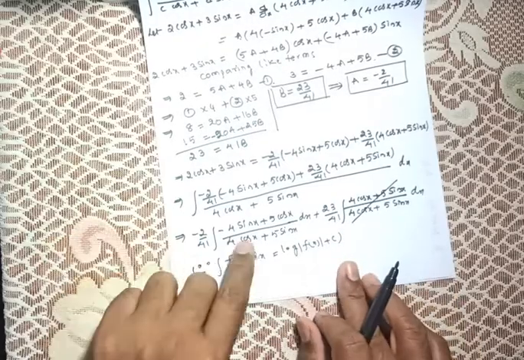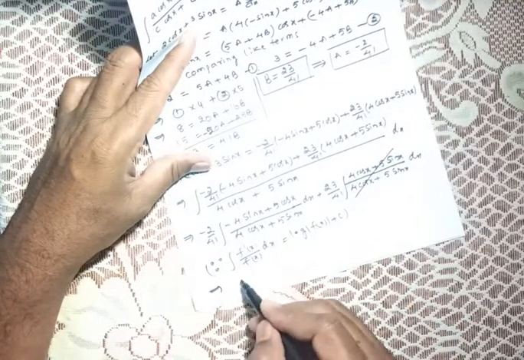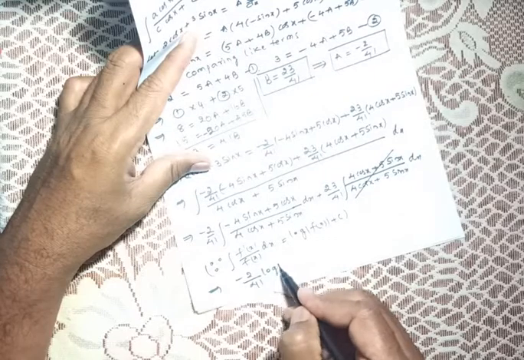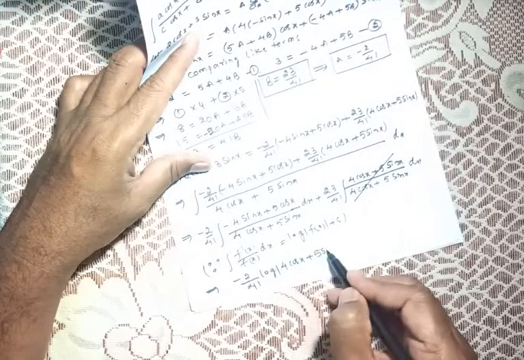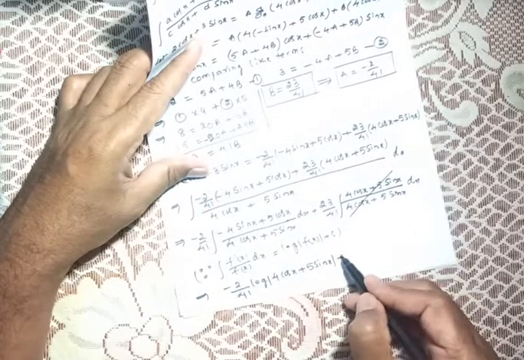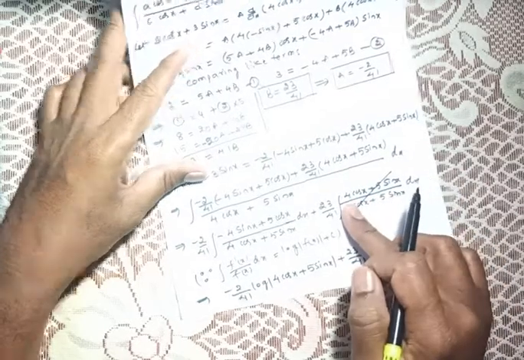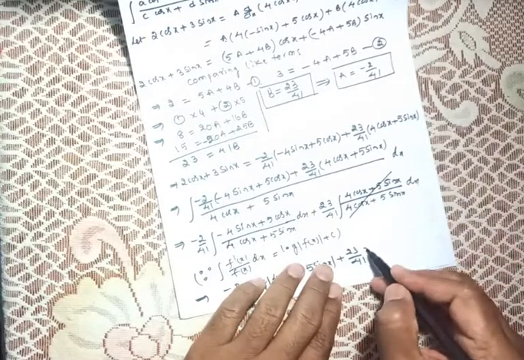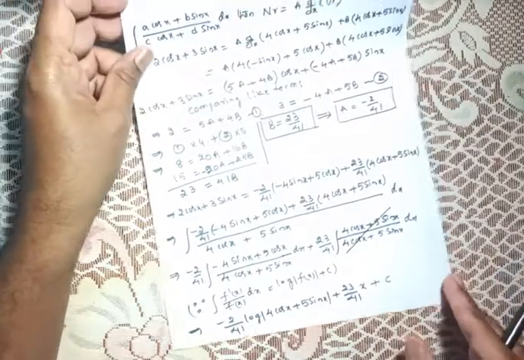Applying this, the answer is minus 2/41 times log mod of (4 cos x + 5 sin x), plus 23/41 times the integration of 1 dx, which is x, and finally plus c. So this is the answer for our question.